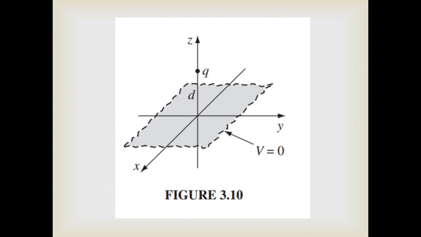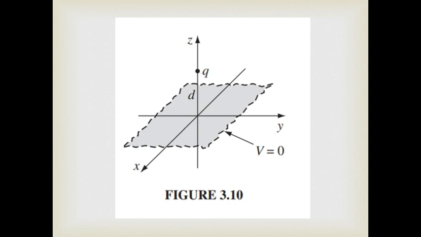Now you might be thinking that because this conducting plane is kept at zero potential, it has no effect on the potential in the region of interest, but that is not true. What is the potential contributed by the charge q? That is 1 upon 4 pi epsilon 0 times q upon r, where r is the distance from the charge q to that particular point.